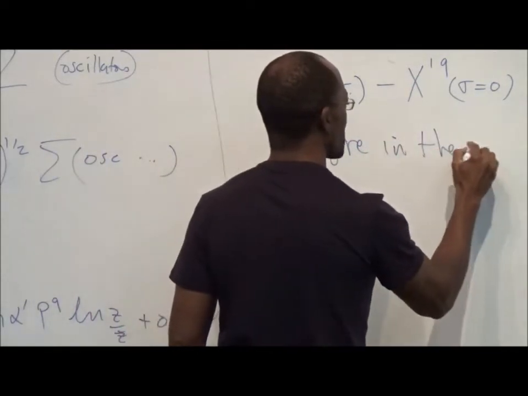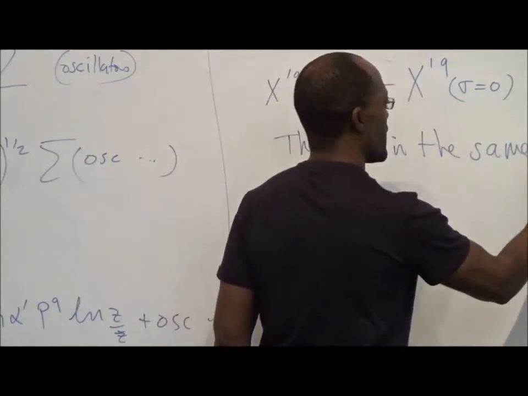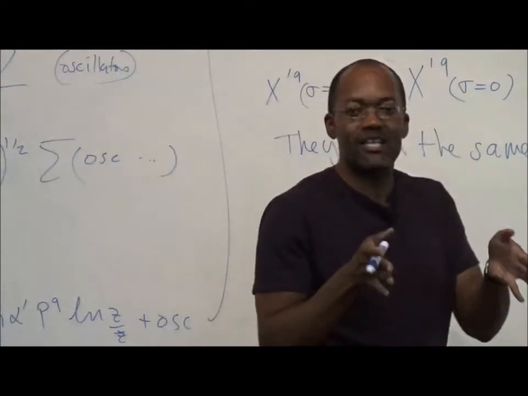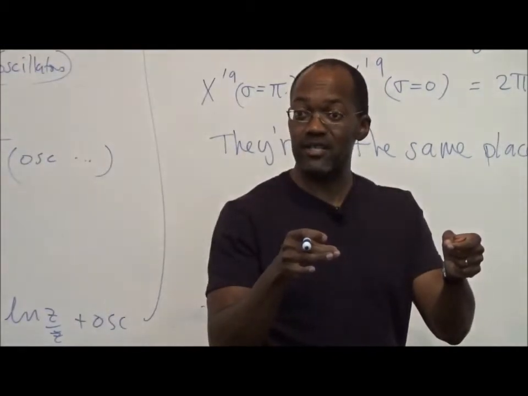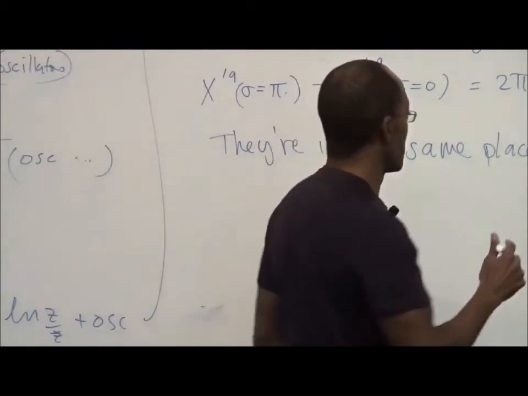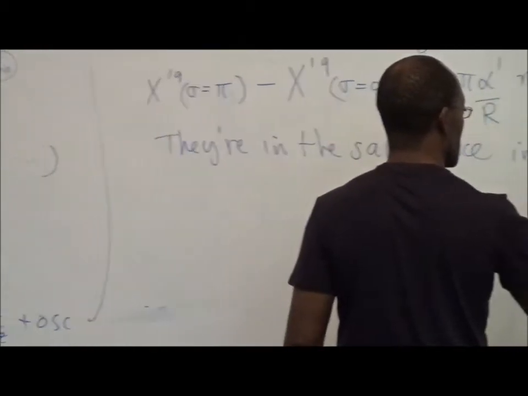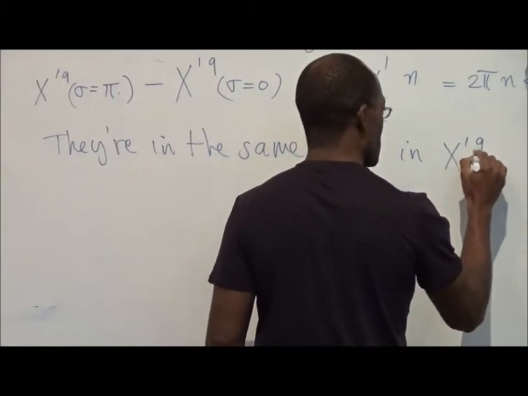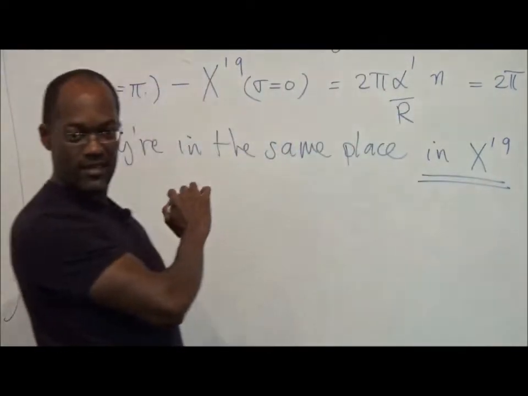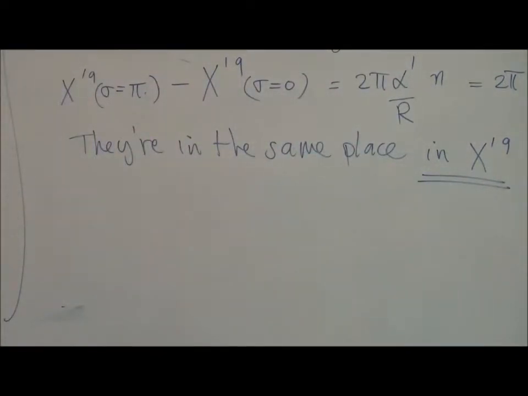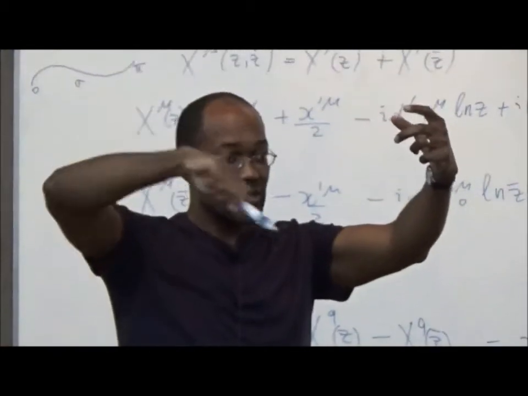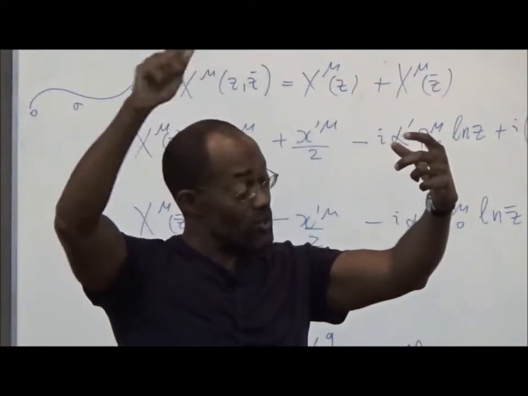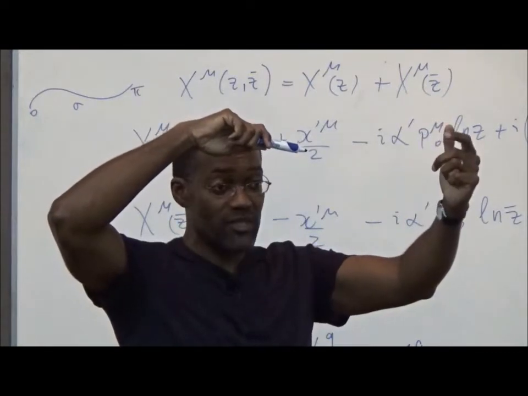But let's be careful. They're in the same place in the 9th direction. They're not in the same place in any of the other directions necessarily. Let's emphasize that because that's interesting. And they're in the same place up to an integer. They could wind. That same place could be having gone round some integer number of times, and then ending up back in the same x9 position.